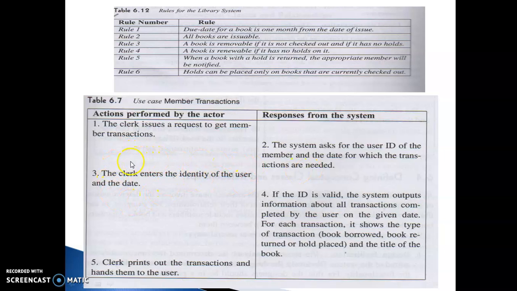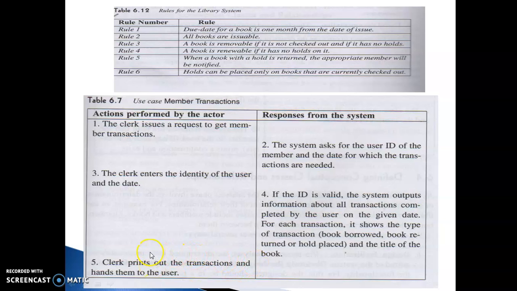If it is valid, then only the system outputs the information about all the transactions completed by the user on the given date. For each transaction, it shows the type of transaction, that is whether you have borrowed the book, returned the book, or placed a hold on a book, on which book, even the title also, and it prints the transactions you have done.